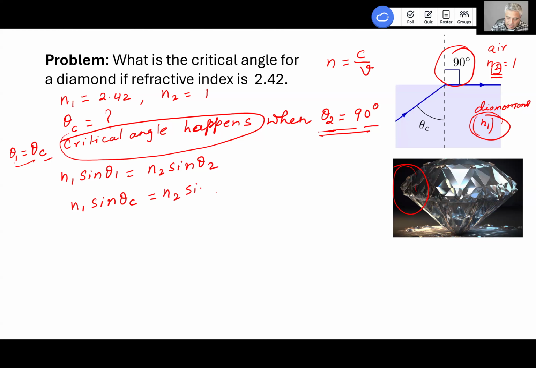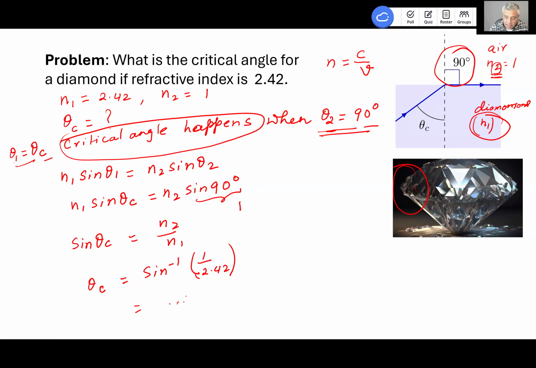So using that, we can write something like that, and this is 1. So that gives us sine theta c as n2 over n1, and n2 is 1. I like numbers 1 and zeros. So theta c is inverse sine of n2 is 1 and n1 is 2.42. Okay, so that should give us the answer.